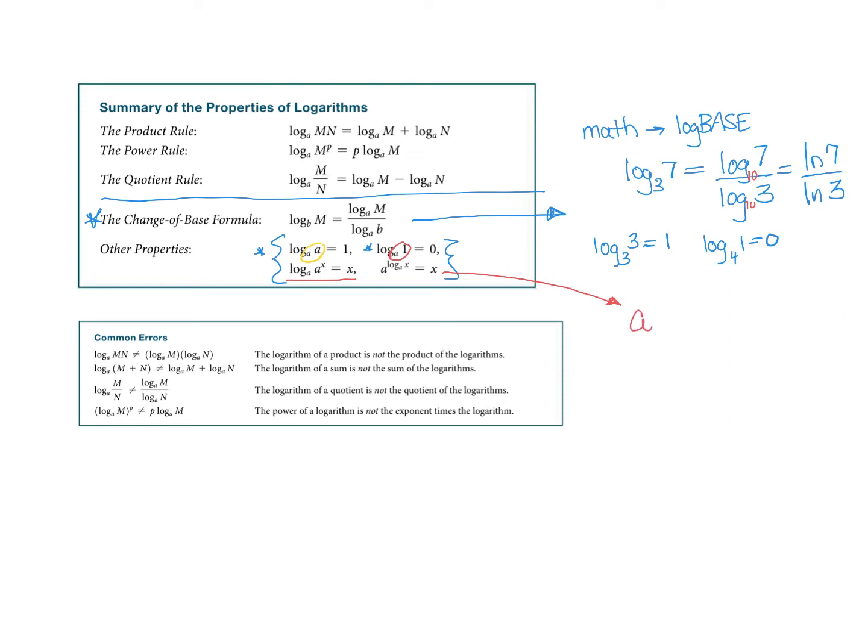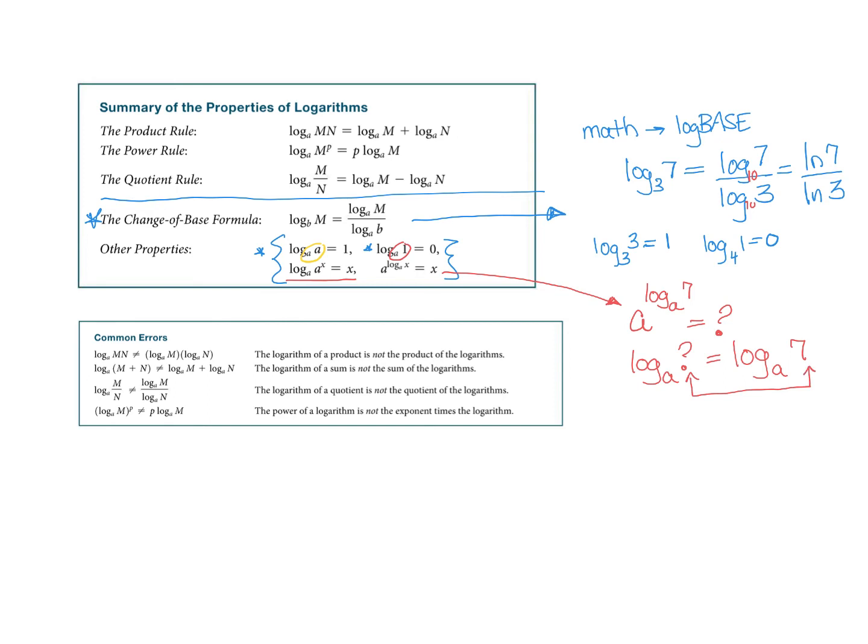If you have a to the log base a of 7, for example, this is currently in exponential form. So I'm going to say equals question mark. If I convert it to logarithmic form, that would be log base a of question mark equals log base a of 7. Therefore, that would need to be 7.